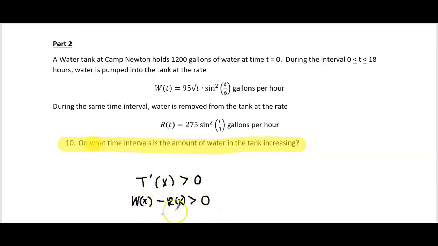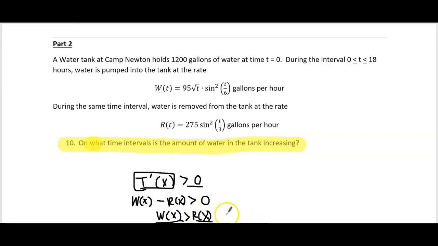Now, if we just add the r of x to the other side, we get this. Now, this actually just makes a ton of sense if you think about it. I want to know, when is the amount of water in the tank increasing? Well, that would be anytime the rate in is greater than the rate out.